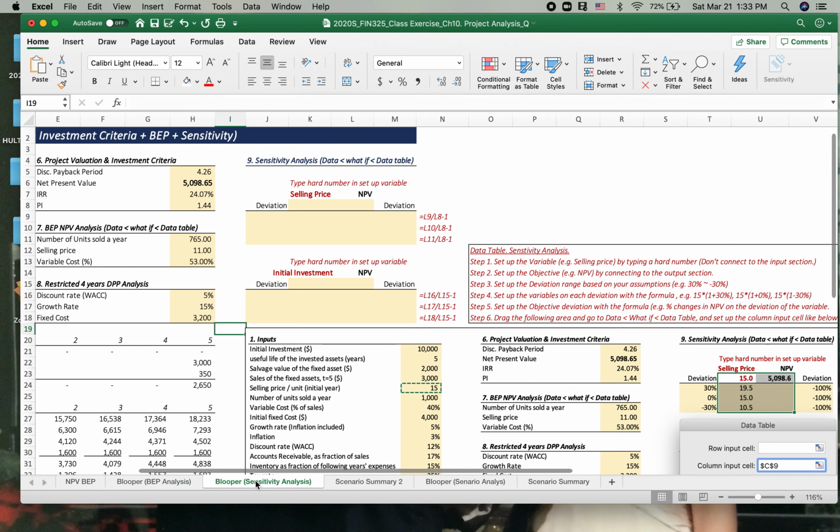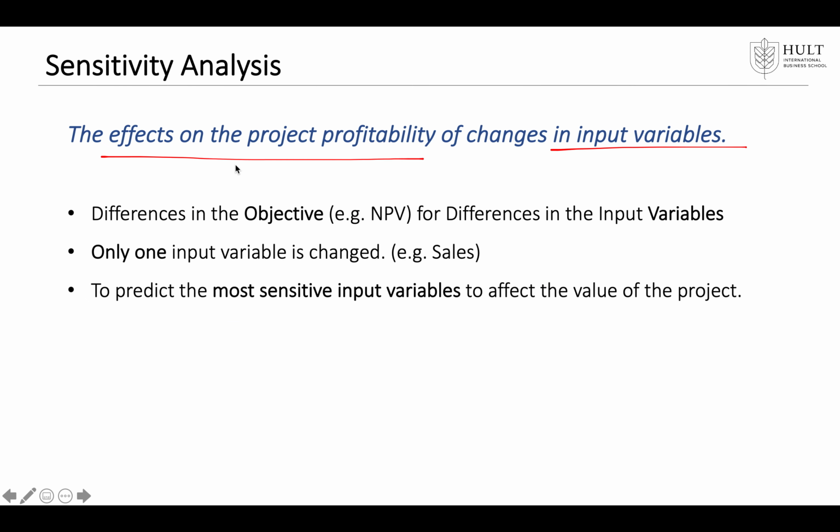Then let's move on to the sensitivity analysis. Before jumping into this exercise, we want to review the class notes we discussed during the Zoom class. The difference in the objective for the difference in input variables. If we change some variables because we assume or expect that this input variable is very sensitive to make the NPV vary, differences in the objectives are based on the differences in input variables.